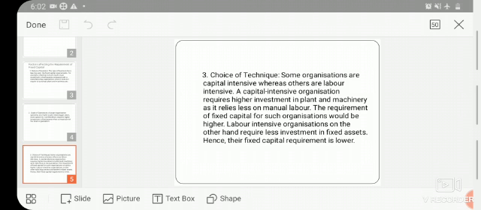On the other hand, labor intensive organizations require less investment in fixed assets, resulting in lower fixed capital requirement.